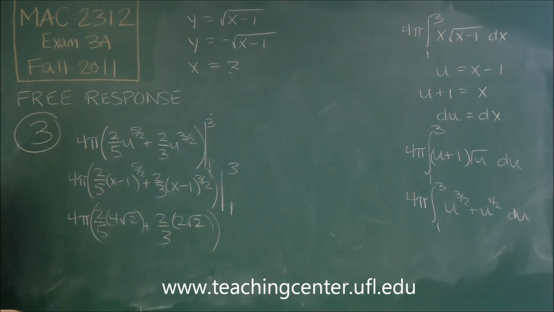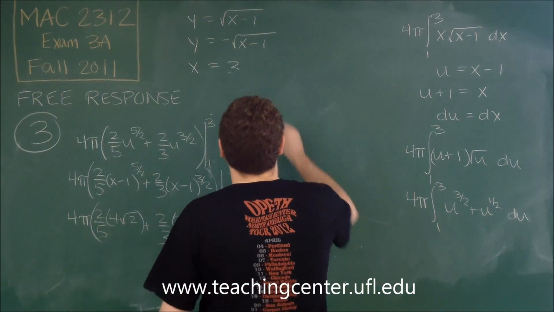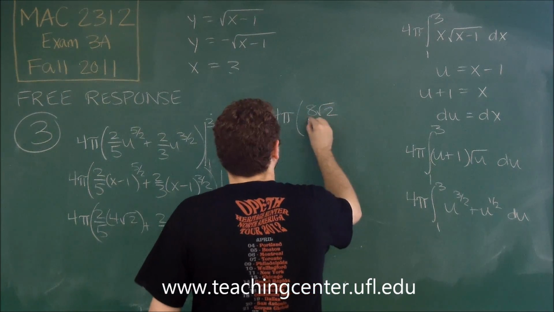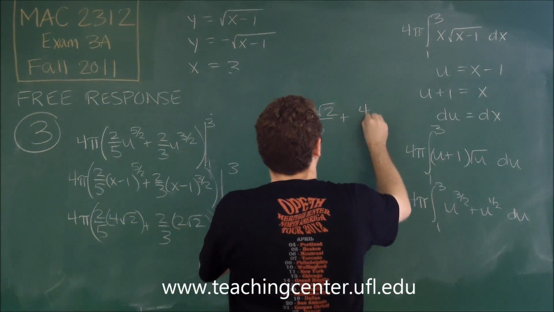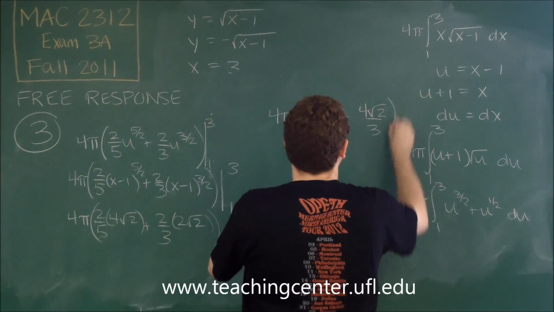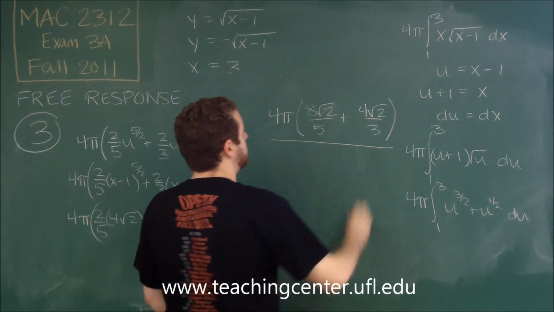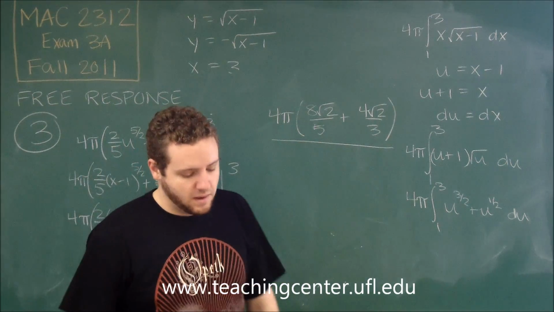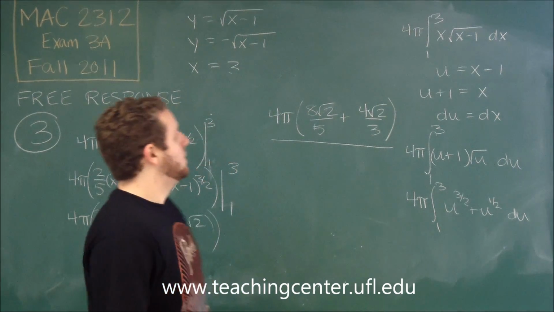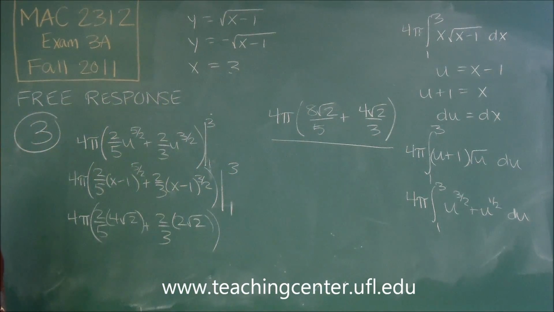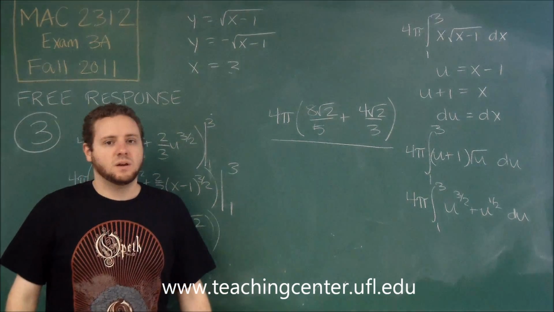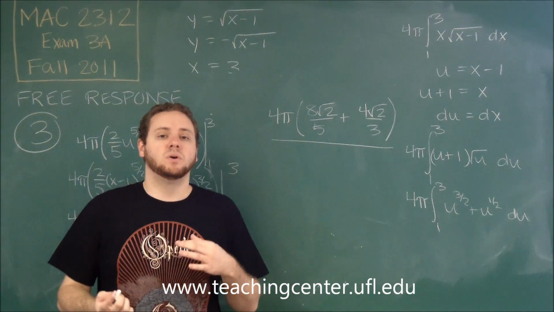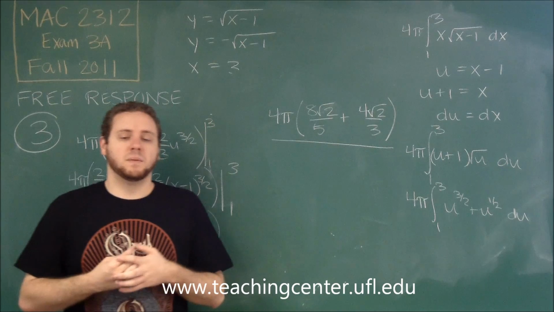So lastly, we can just multiply those together. So we get 4 pi times 8 root 2 over 5 plus 4 root 2 over 3. You could go a step further and get a common denominator in that too, but I'll leave that up to you if you want to do that. That would be an acceptable answer there, though. So that was basically using the method of cylindrical shells. It's pretty simple, but remember that you're going to use that one to do horizontal rotations in terms of x.